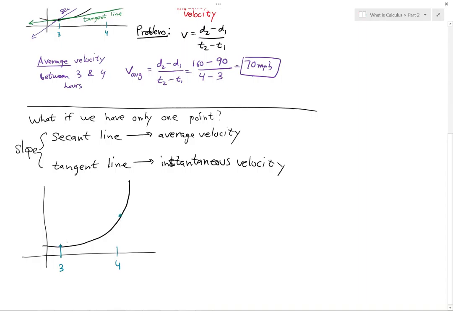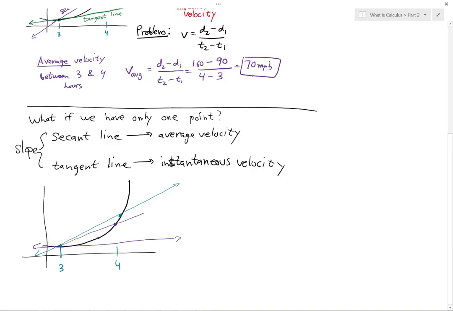All we know how to find so far is this secant line. Our goal, just to recap, is the slope of this line. So here is what we're going to do. This is where the calculus takes over. We're going to take the second point, which right now is at t equals 4, and move it a little bit closer and then take the slope again.